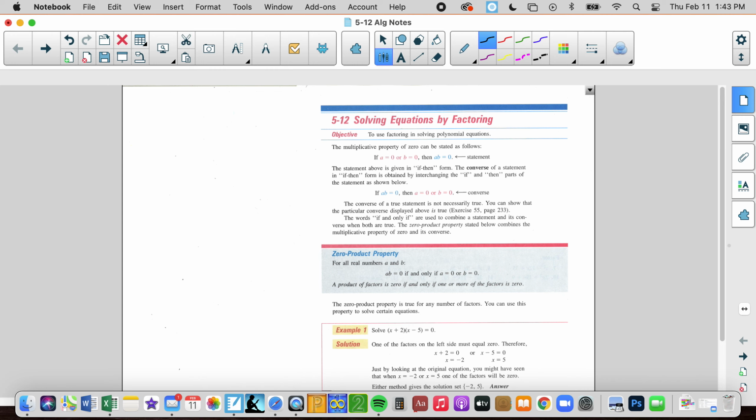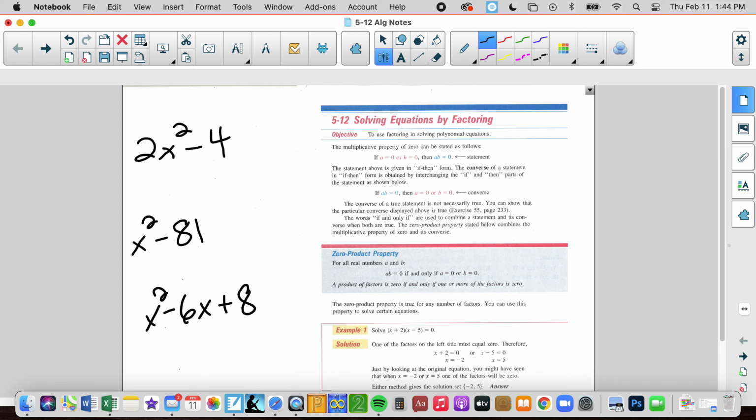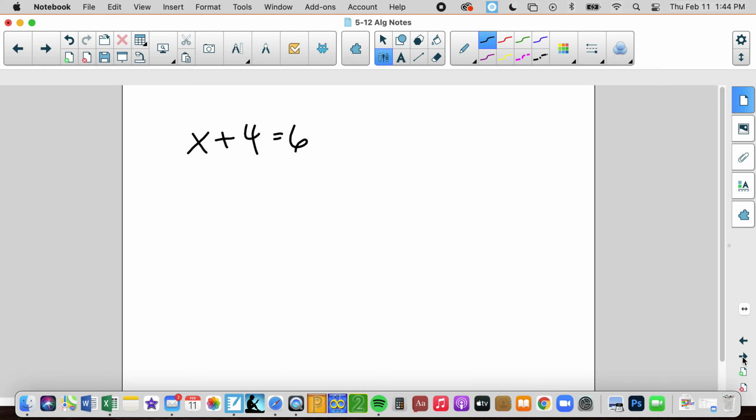We've been dealing with things that look like this, like this, and like that. And notice that those are expressions, there's no equal signs. So we're going to move towards equations now. These expressions will now have an equal sign, which will turn them into equations.